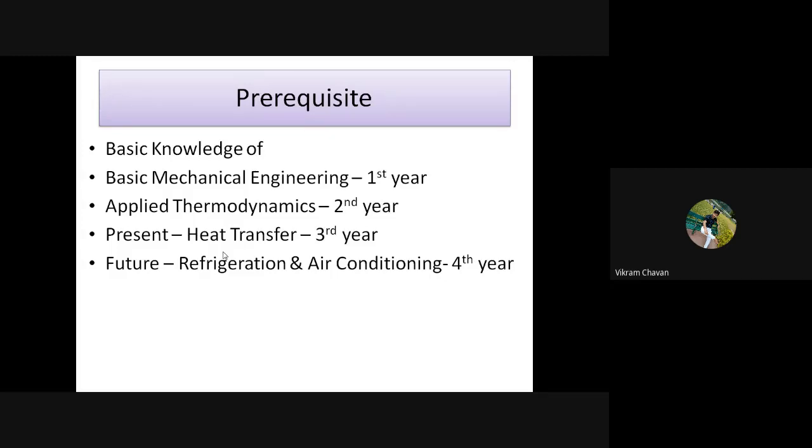Okay, it is a basic subject for all heat transfer analysis software. Let us consider CFD software, computational fluid dynamics software, ANSYS Fluent software. Okay, so these are the software which are used in the industries for analysis purposes.